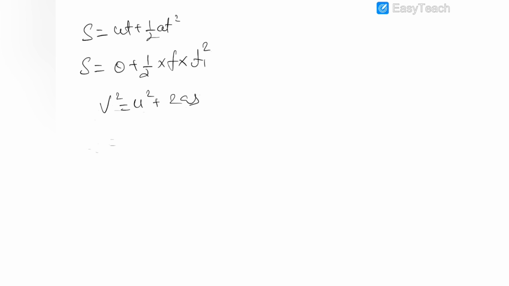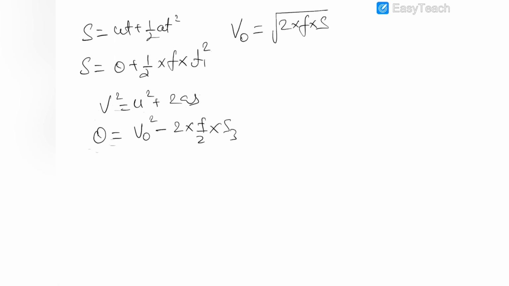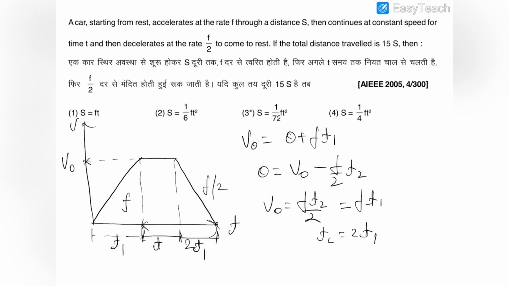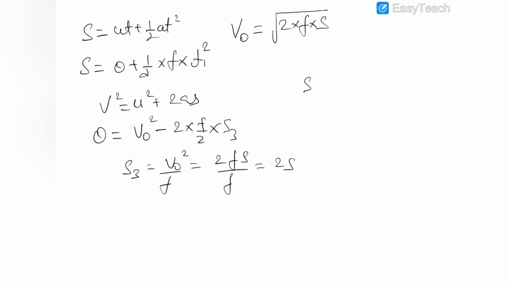So you can see that v0 is under root of 2fs, acceleration is f, and displacement is s. So final velocity is 0, initial is v0, and minus 2 into f by 2 into s3. So s3 is equal to v0 square by f. So v0 square is 2fs by f. So it is 2s.